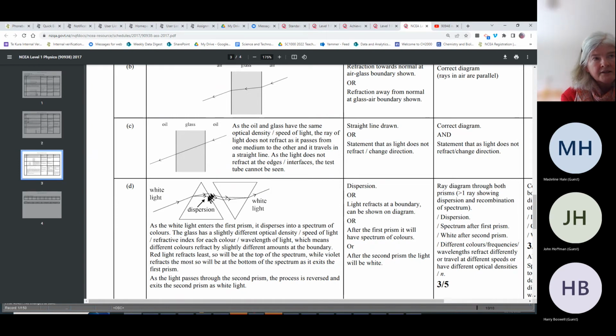Hit the other side, draw on your normal, and then of course it bends away and then towards, and then here again, it's got to go away again from the normal. So this one's a bit clunky to do, but if you start off with that being parallel to that, then just as long as you make it spread out and then come together again. Any questions on that?